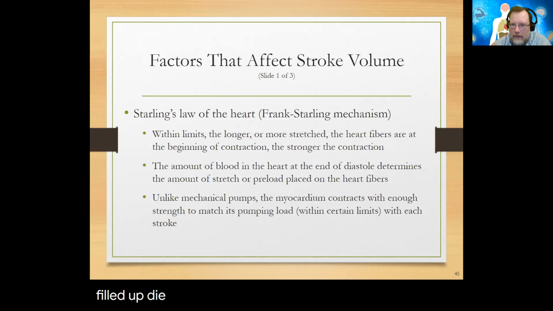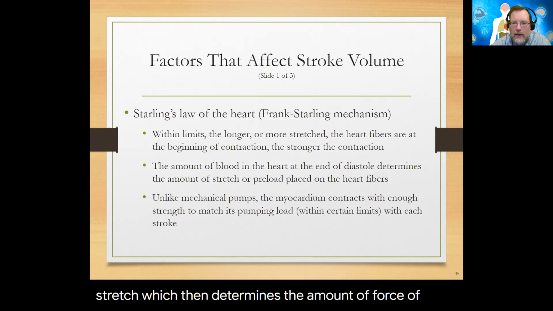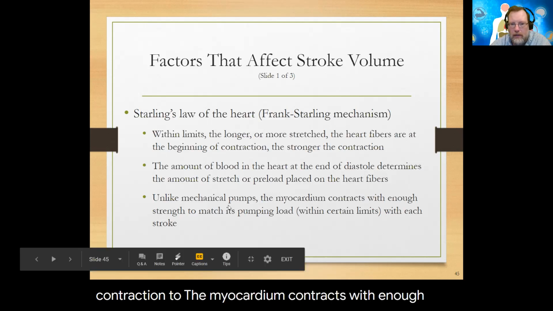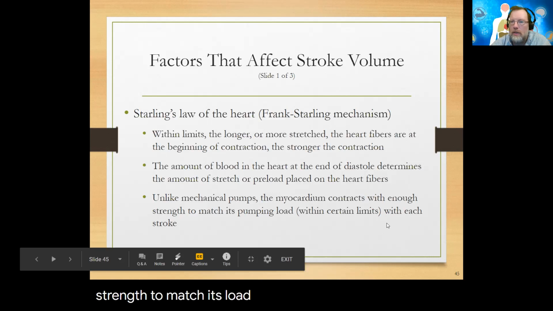We call that diastole, or the diastolic aspect. So again, the amount of load determines the amount of stretch, which then determines the amount of force of contraction. So the myocardium contracts with enough strength to match its load with each stroke.